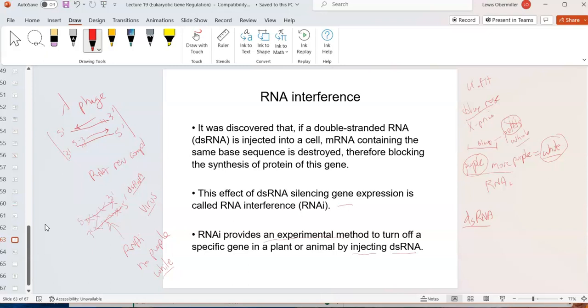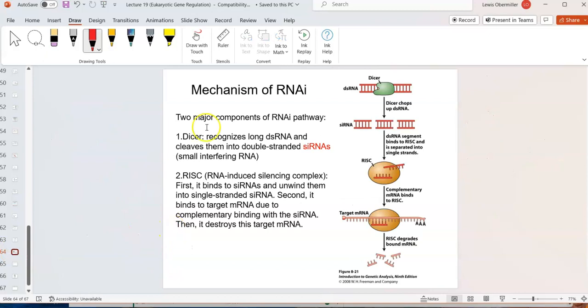So the idea is that if you put in the gene to make more blood vessels and you make it look suspiciously like a virus, then it'll trick the cell into turning off blood vessel production, and that'll clear up your vision. So they've done this. They've injected double-stranded RNA directly into people's eyes that have macular degeneration, and it does appear to be helping. So it's a promising technique.